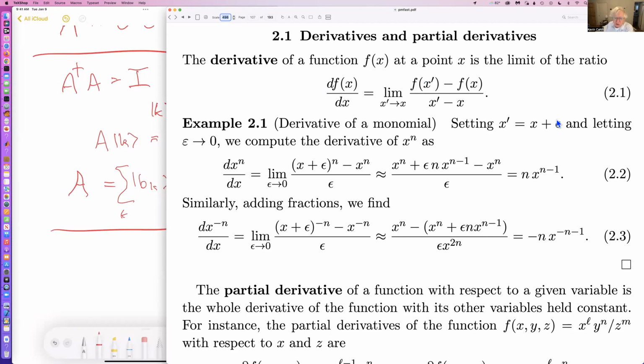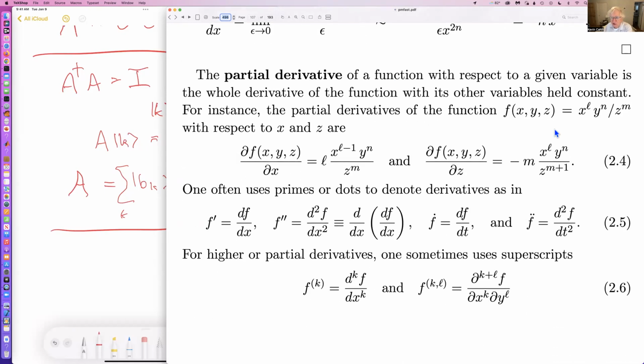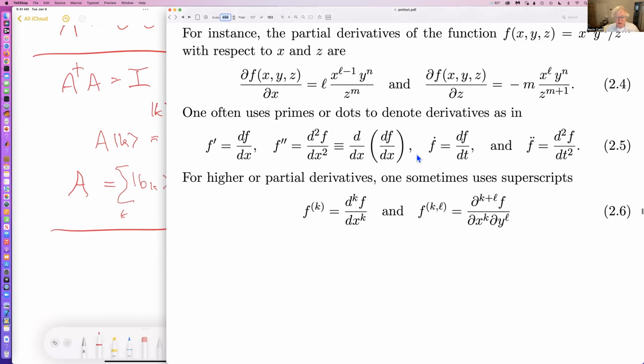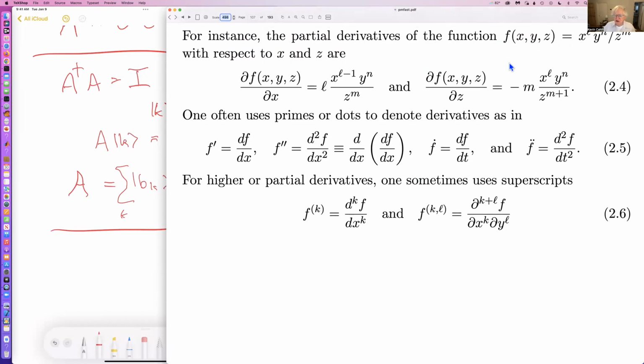Well, you guys know what a derivative is, so I'm not going to go through this. And I assume you know what a partial derivative is. It's a whole derivative of a function with the other variables held fixed or constant. There is some notation, though, that I thought I'd mention, and it's something that I lapse into without even thinking. F prime, for example, is a derivative. F double prime is a derivative.